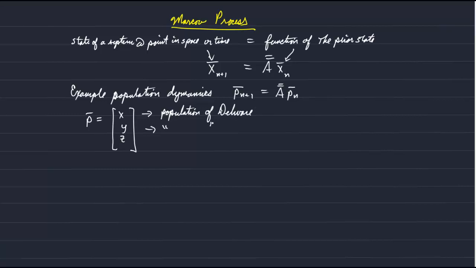Y is the population of Maryland, Delaware is abbreviated DE, and Z is the population of Pennsylvania. And so I'm going to draw a diagram that shows how the populations change between the three states.